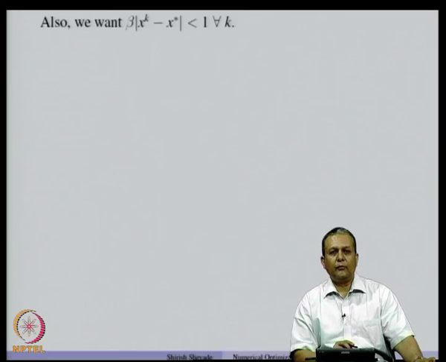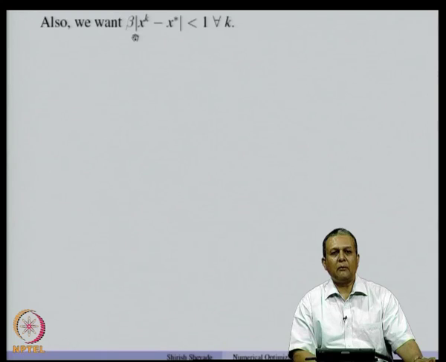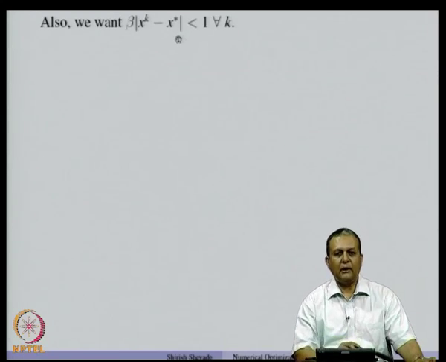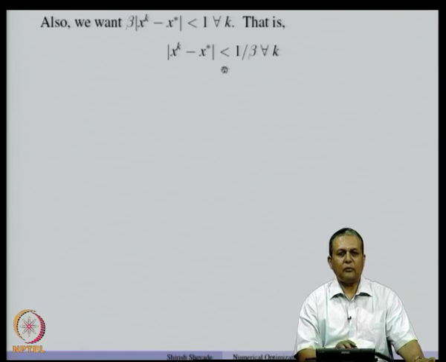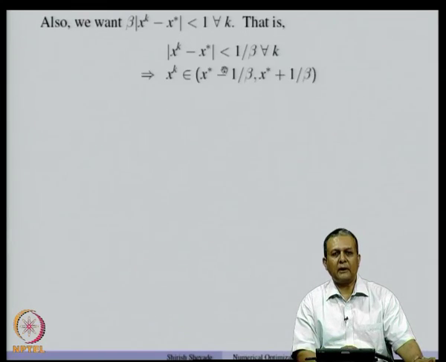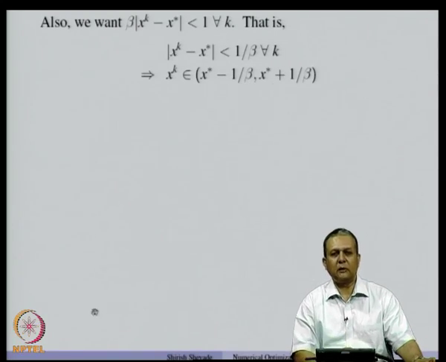Now, we also want alpha 1 by 2 alpha 2 into (x_k minus x star) to be less than 1. Which means that x_k minus x star should be less than 1 over beta for all k, or in other words x_k should belong to the interval x star minus 1 by beta to x star plus 1 by beta.